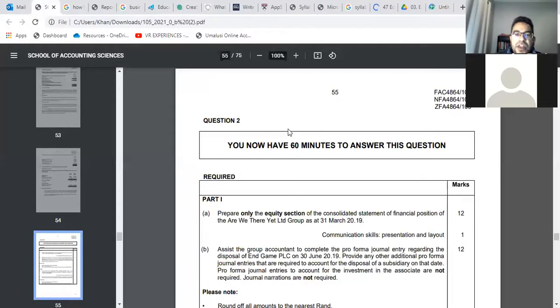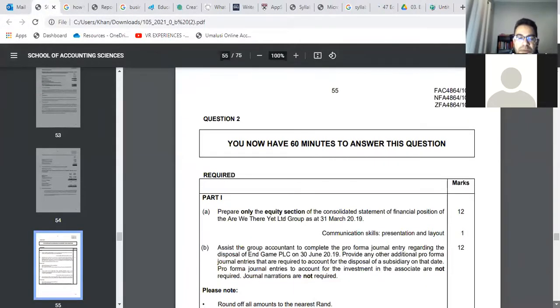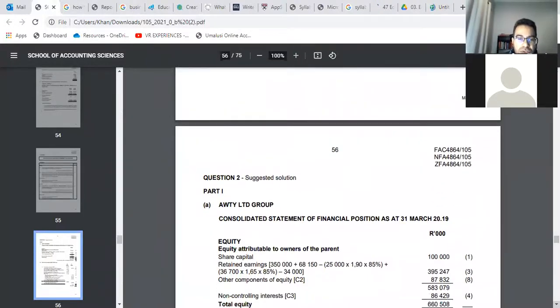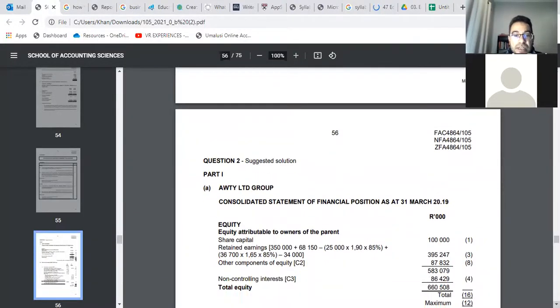So remember the three things we're going to do when it comes to the statement of financial position: the company name, the statement name, and the date. Okay, so how does that look? It looks as follows.